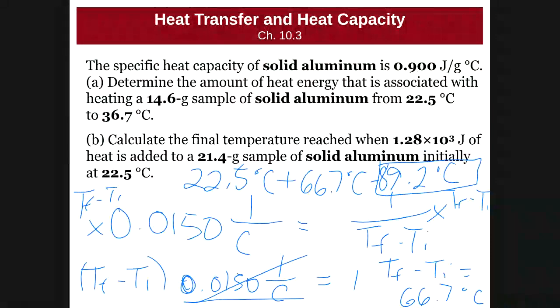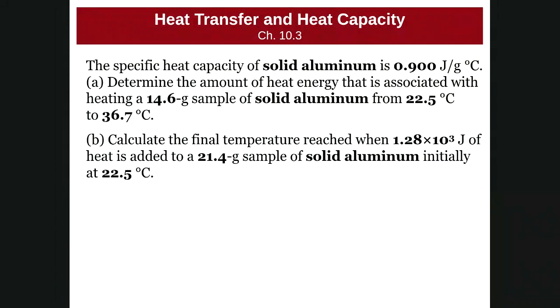Just to reiterate, we had our C, we had our Q, we had our mass, and we had our T initial. So we could plug all of those in and solve for T final.